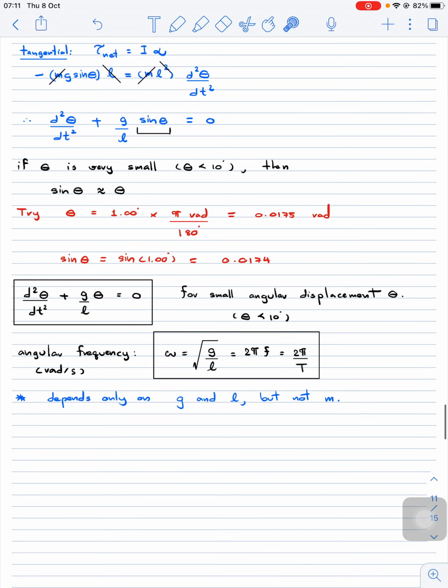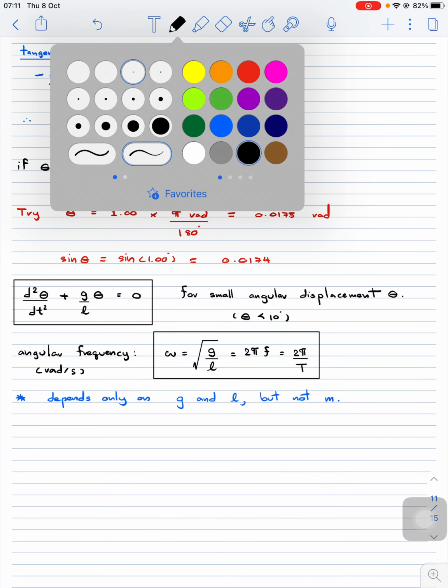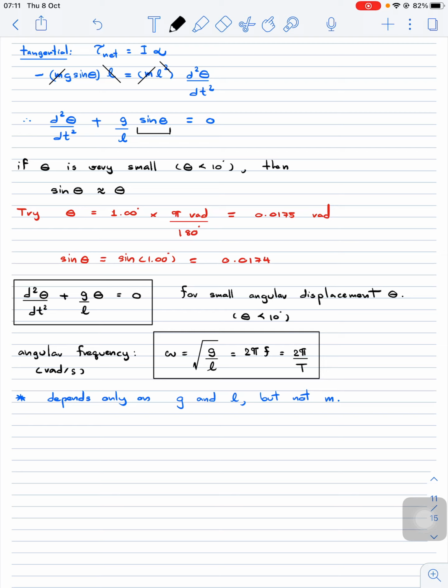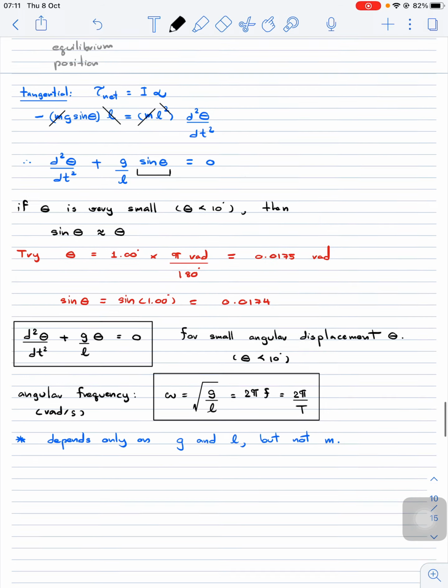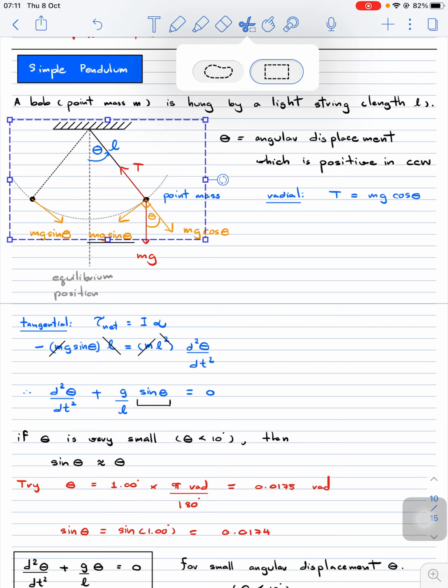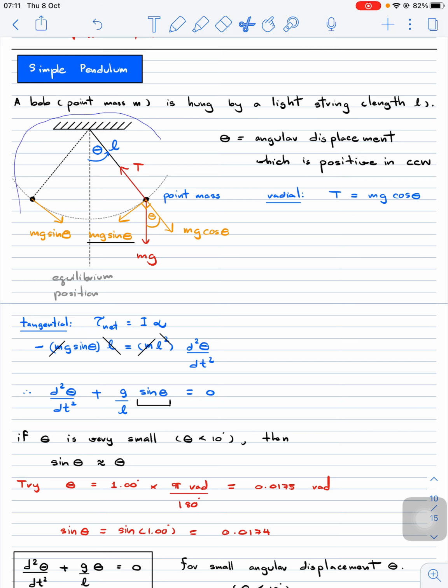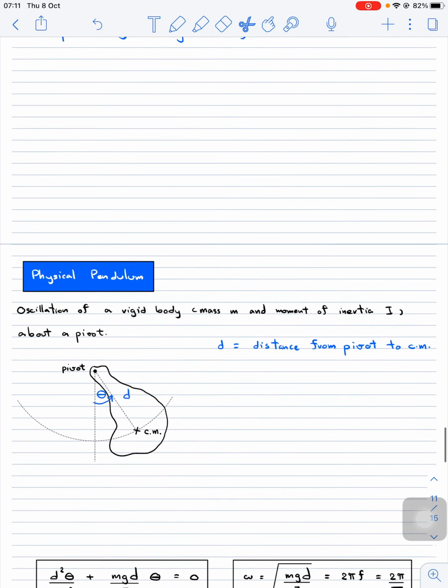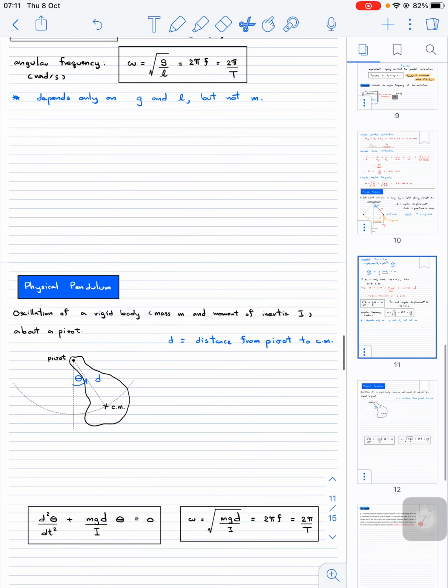Actually, we can also compute the energy of the system. So let's see. I think I need more space here.